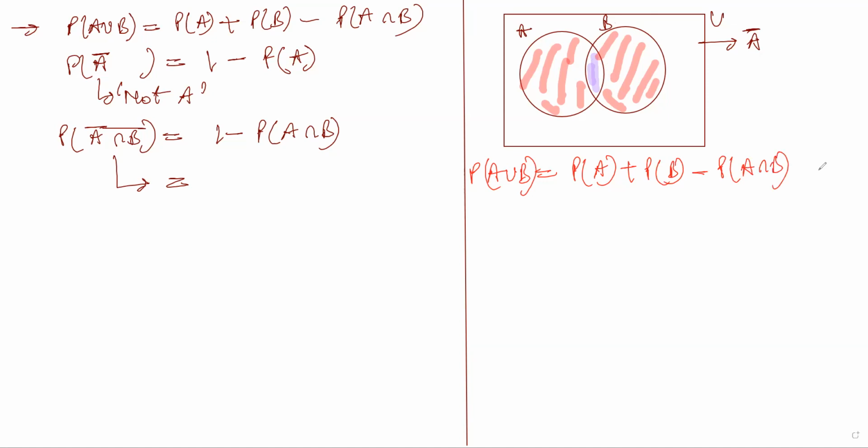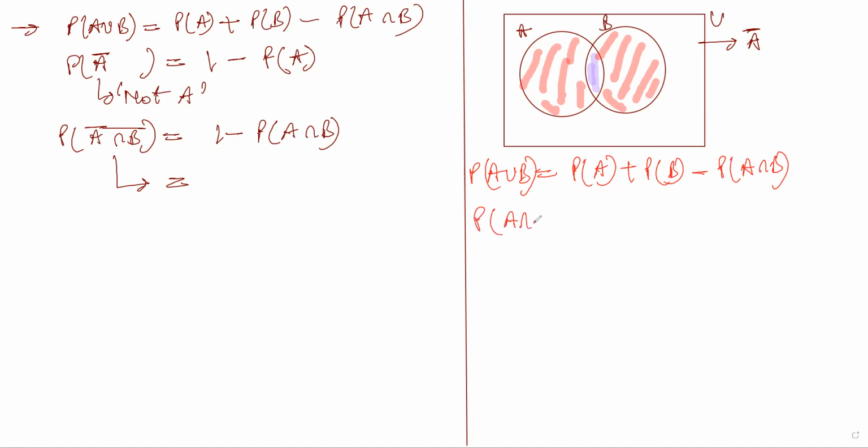P(A) plus P(B), that is whole portion of A, whole portion of B. But you have to write a portion only one time, and you have taken this blue portion twice. That is why you're reducing it one time: probability of A intersection B.